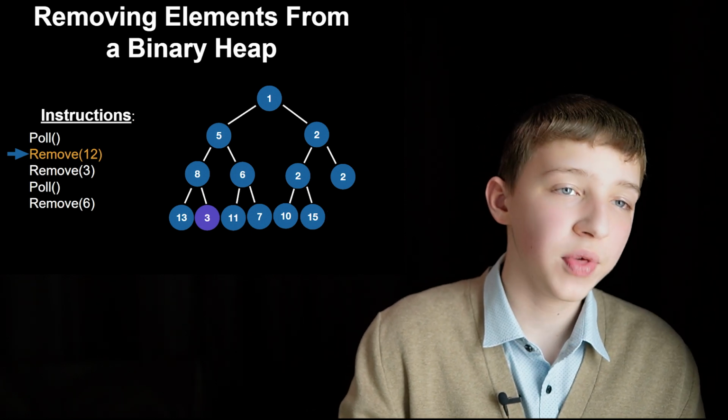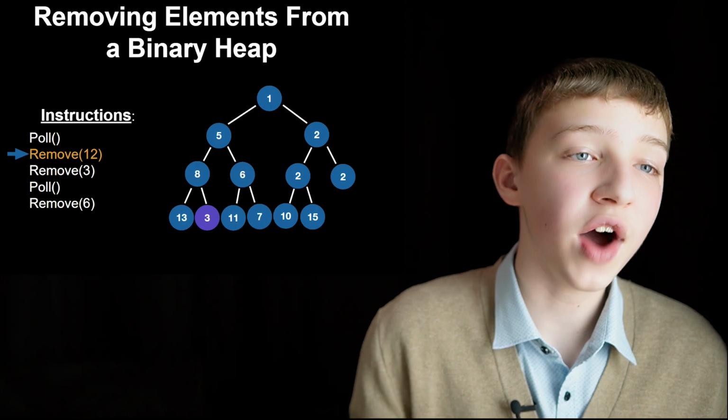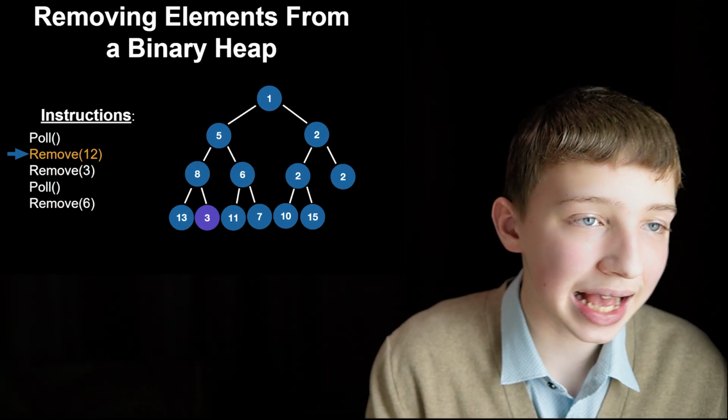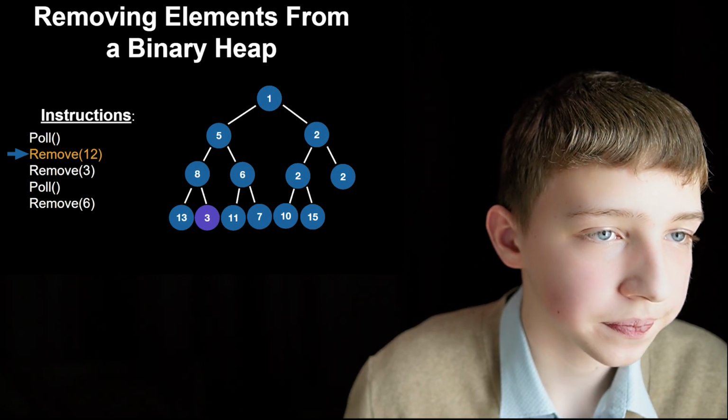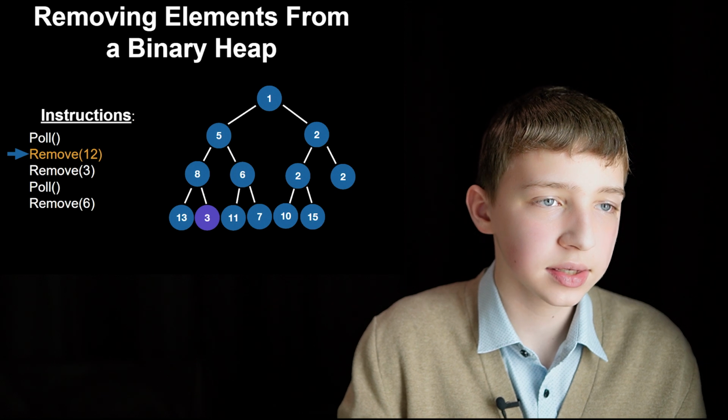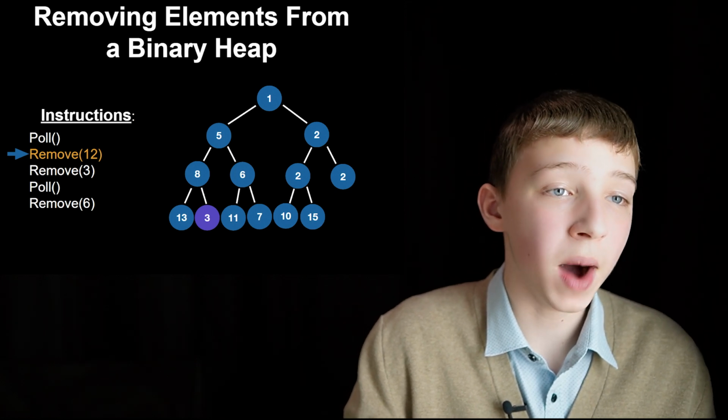So after we swap them, we can see that we're violating the heap property because 3 is less than 8. So in this case, we want to bubble it up.